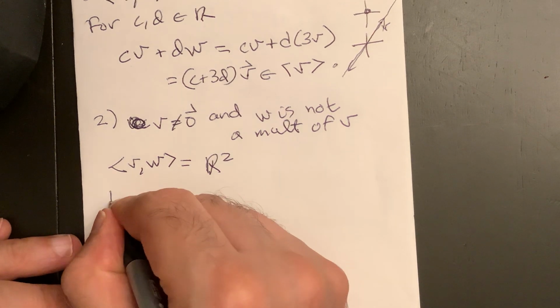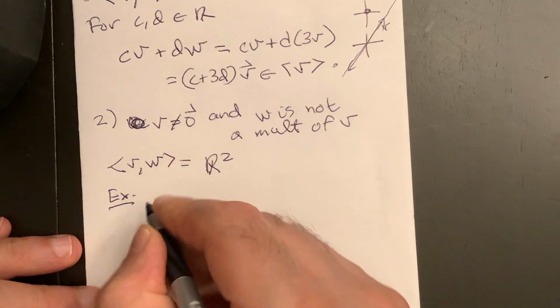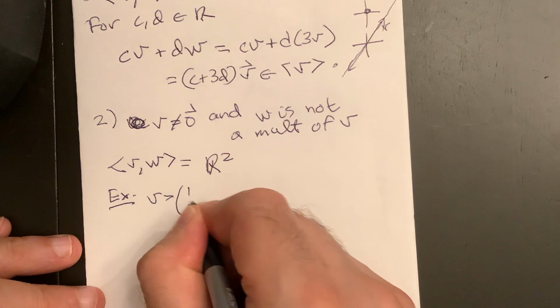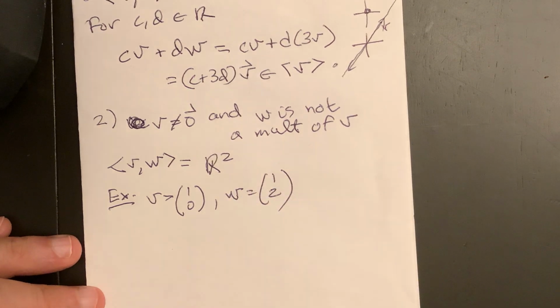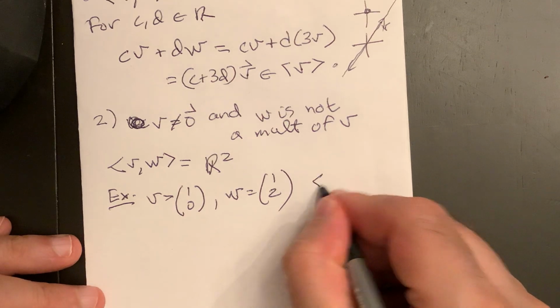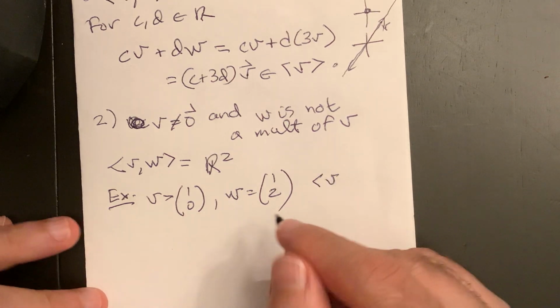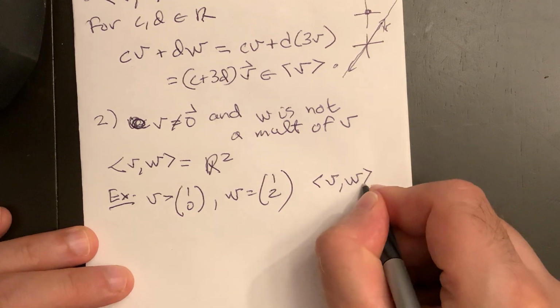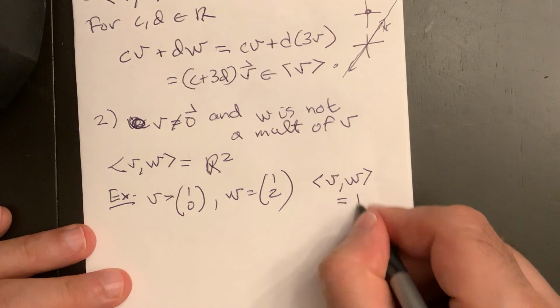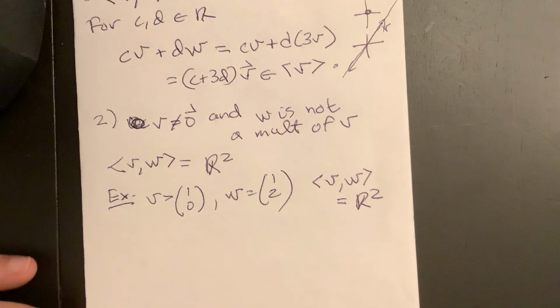So for example, suppose we have v equals (1, 0) and w equals (1, 2). Then I claim that these are not multiples of each other, and both are non-zero, so the span of v and w is equal to R2. All right? To prove this, I will just show you that I can find a linear combination that will equal any vector.